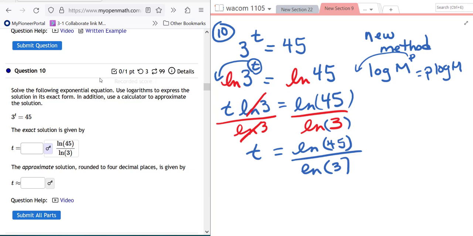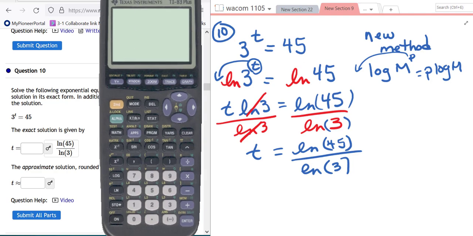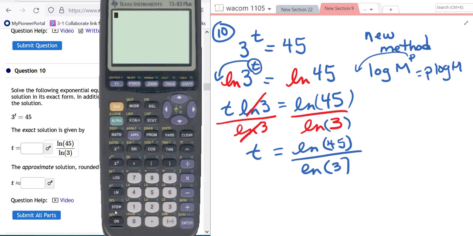With a calculator. So we'll get our calculator, and we're going to use the natural log button.